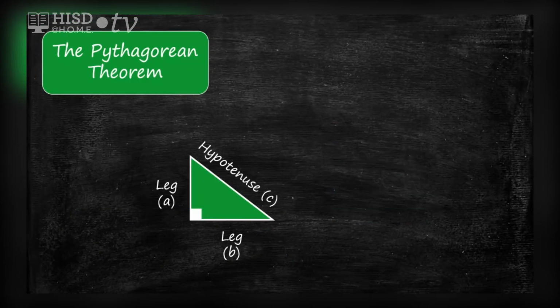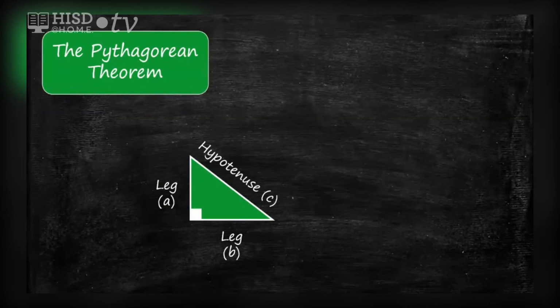Now we get to the explanation of the Pythagorean Theorem, which is a fundamental relationship between the three sides of a right triangle, just like the one we have here on the screen.